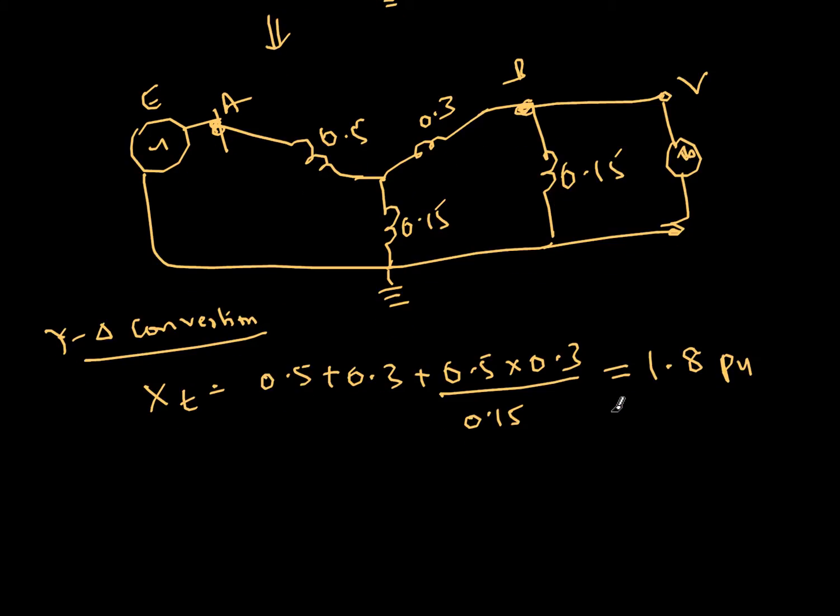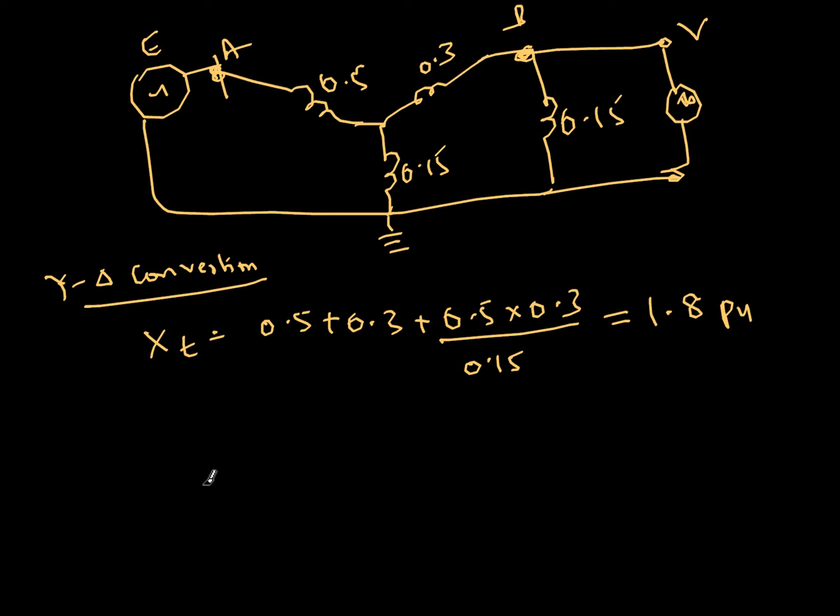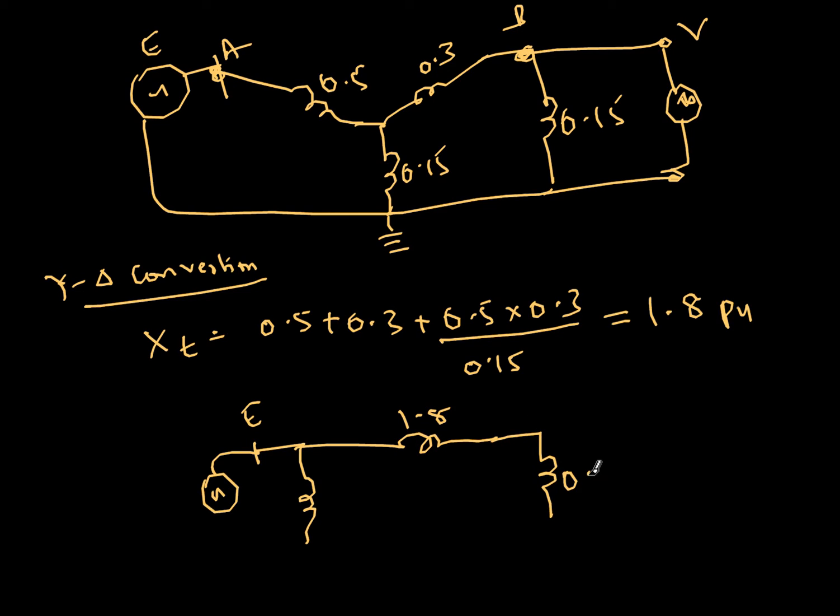So if this is 1.8 per unit, I can just redraw the drawing now. So this is E. There will be some impedance which we did not calculate. This is 1.8, and then this one I know is 0.15. This one is not required here. This is 1.8 per unit, and then finally I have the V here.